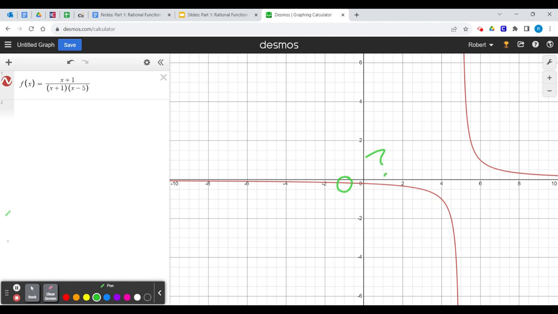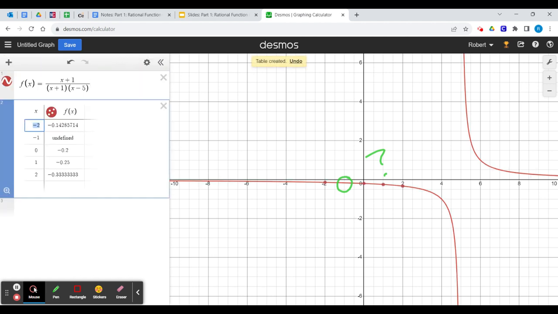If we click and drag along our graph, we'll notice that right when we hit negative 1, our graph is undefined. And if we add a quick table and go to the x value of negative 1, we'll also notice that our function is undefined there. So indeed, we have a hole.